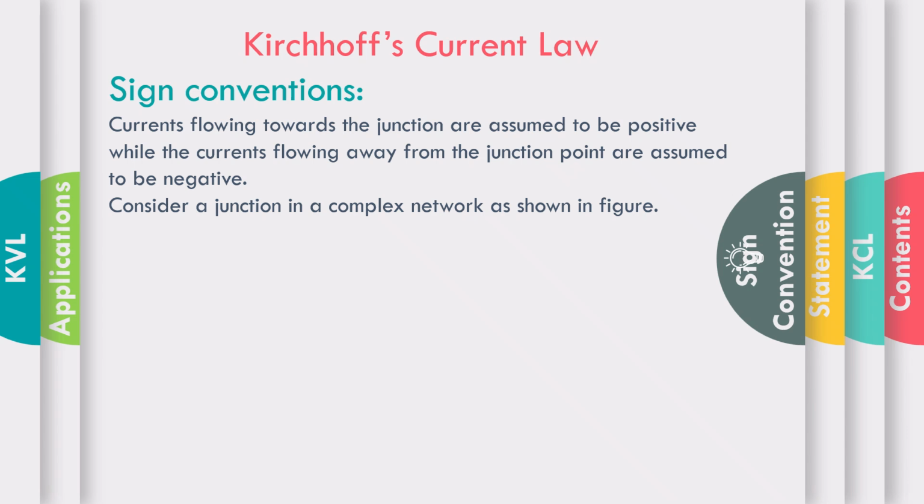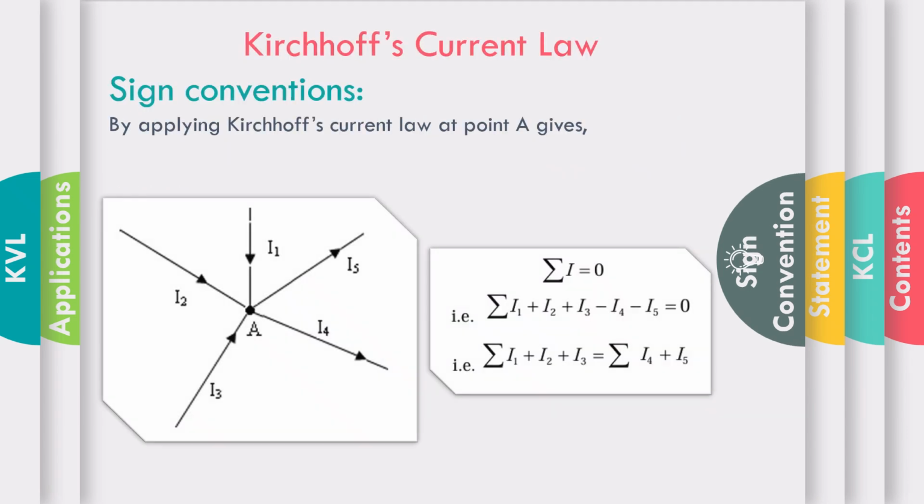Likewise, consider a junction in a network where some currents are given. Here 5 currents are mentioned: I1, I2, I3, I4 and I5. The directions of I1, I2 and I3 are towards the junction point, that is A, and currents I4 and I5 are flowing away from the junction point.